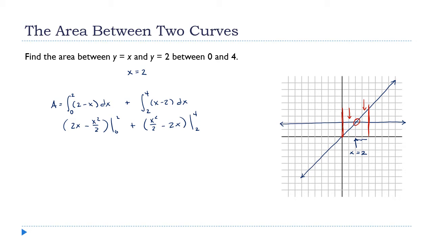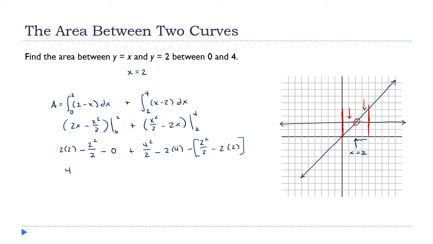When I put 2 in, this is 2 times 2 minus 2 squared over 2, and when I put 0 into either of these expressions, it comes out to 0. Plus 4 squared over 2 minus 2 times 4, minus 2 squared over 2 minus 2 times 2, and now it's just an arithmetic problem.